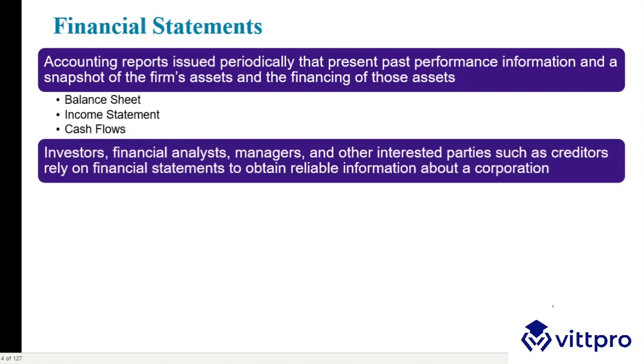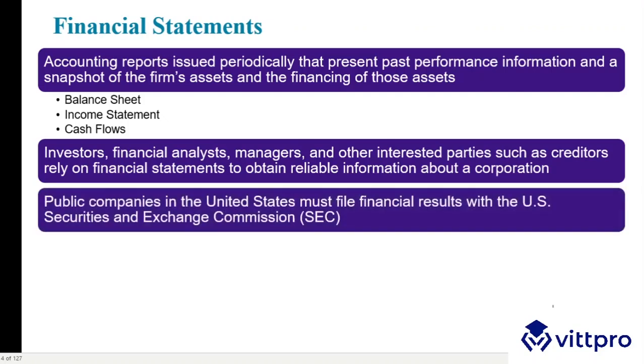Usually investors, financial analysts, managers, and other interested parties are the users of these three financial statements to make their decisions about the company, right? So that they can get the details. Usually public listed companies are also required to submit these three financial statements, together with the auditor's report, director's report, and other reports, to the stock exchange.